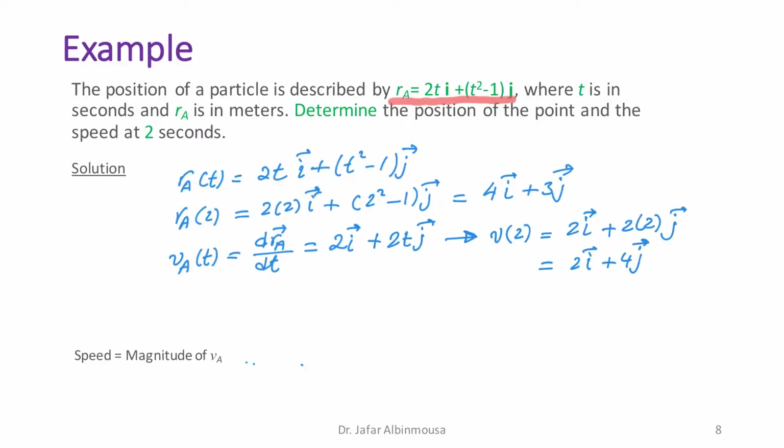So the speed, or the magnitude of v_A, is equal to the square root of 2 squared plus 4 squared, which is going to be 4.47 meters per second.